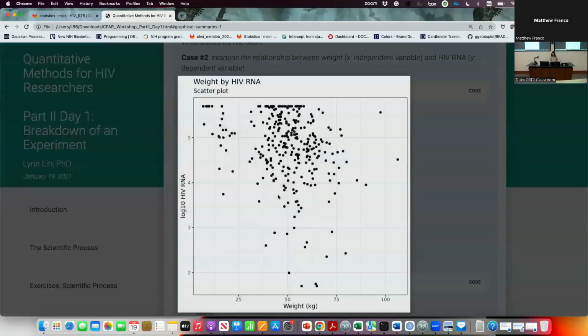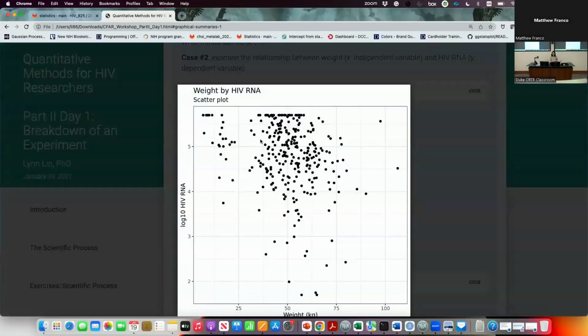And how about this? This is another scatter plot representing the relationship between weight on the x-axis and the log-transformed HIV RNA. What do you think of this scatter plot?